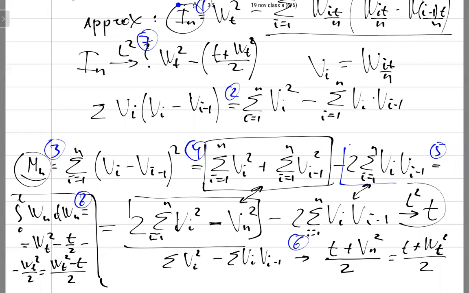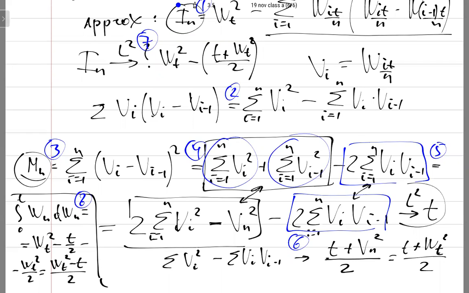So the second term is just written as it is, okay? What is the difference between these two sums? The first one says W1 squared plus W2 squared plus W3 squared plus W4 squared. The second one says W0 squared plus W1 squared.